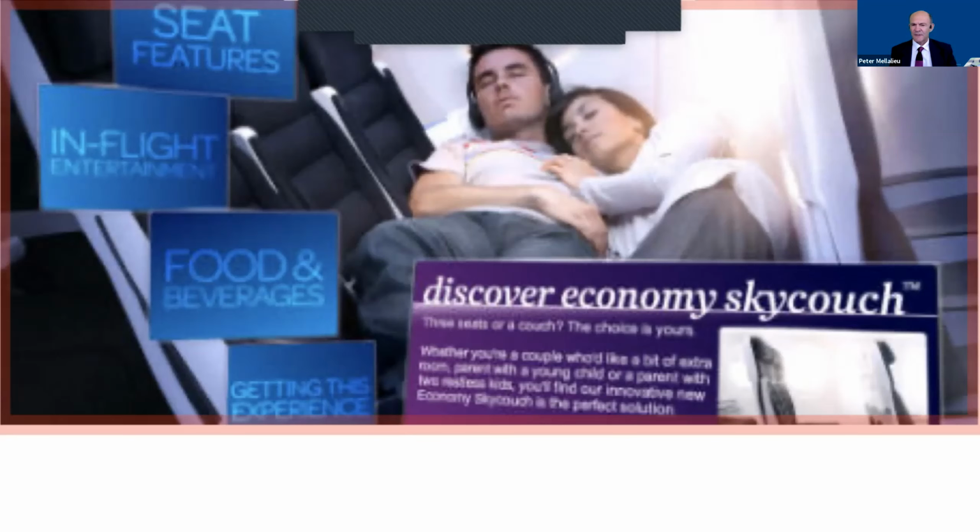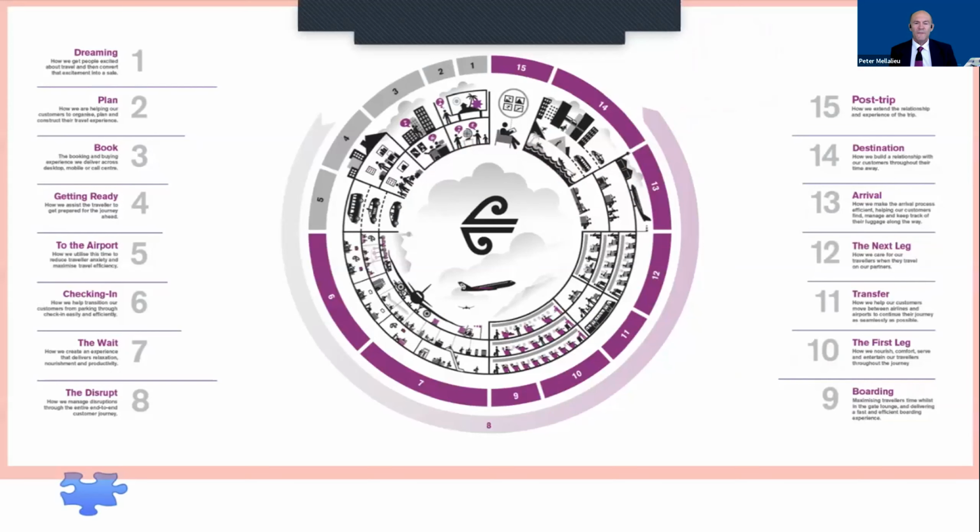So where on earth did this come from, the Sky Couch idea? Well, one of the tools of design thinking is called journey mapping, and what you do as the design thinker team is you travel through the whole journey, observing what goes on, not what's supposed to go on, but what actually goes on with the customer.